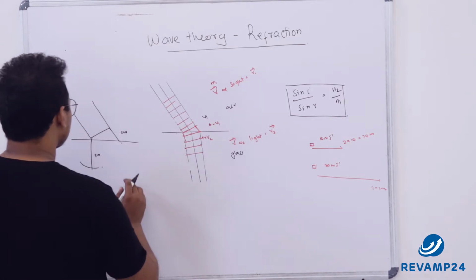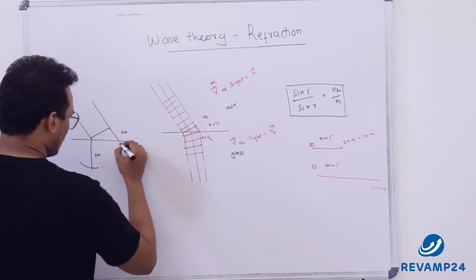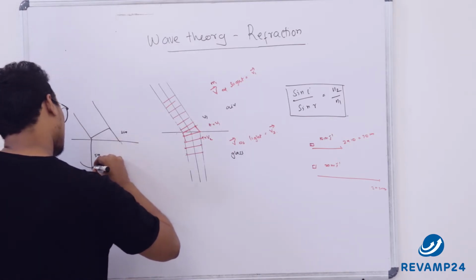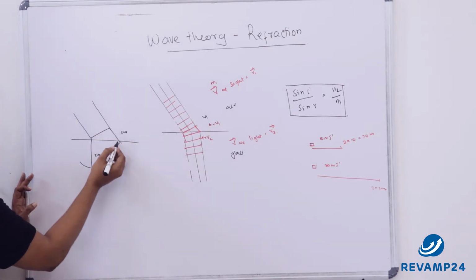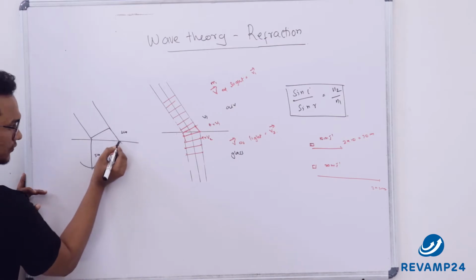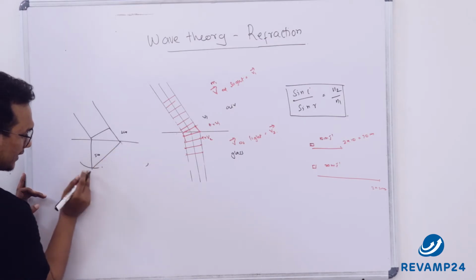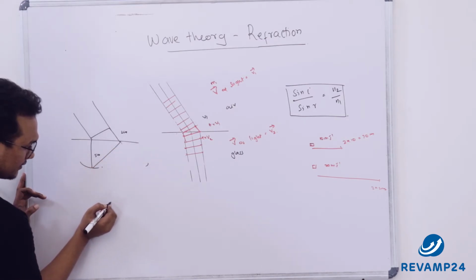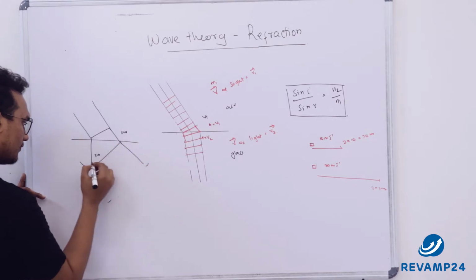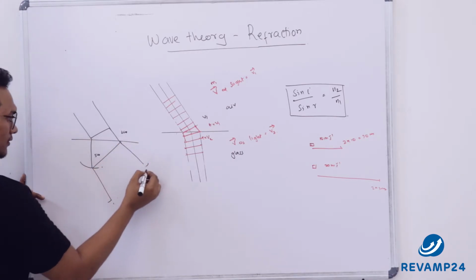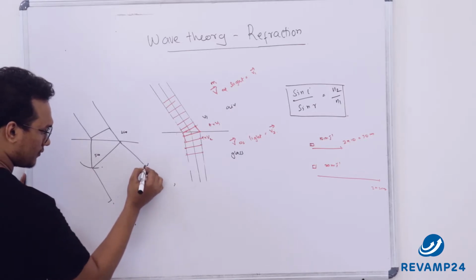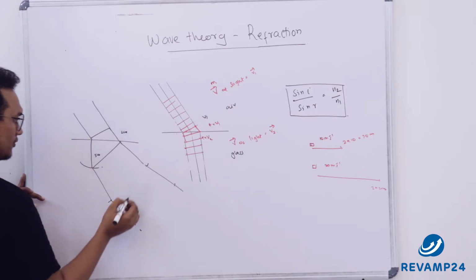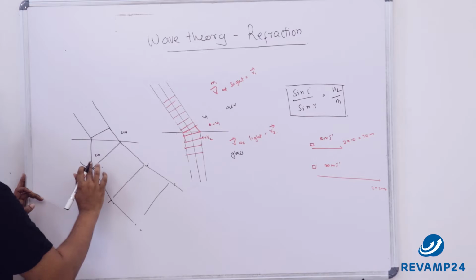Now what will happen in this case? This is the next wavefront, tangent to these 2 points, and this will send a new wavefront in this direction, this will also send in this direction. So this would be the next wavefront. One wavefront, another wavefront.